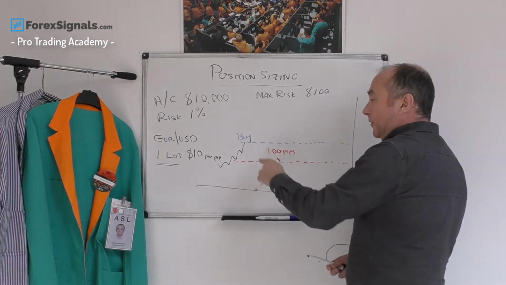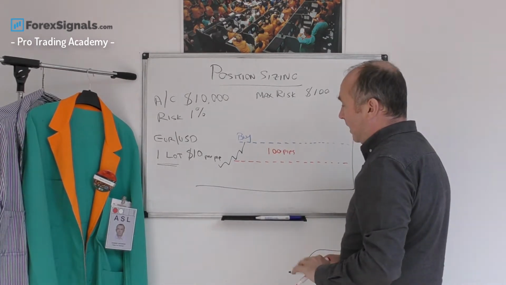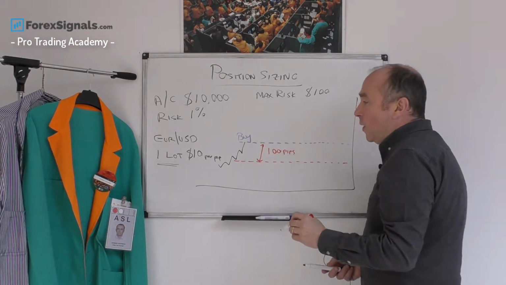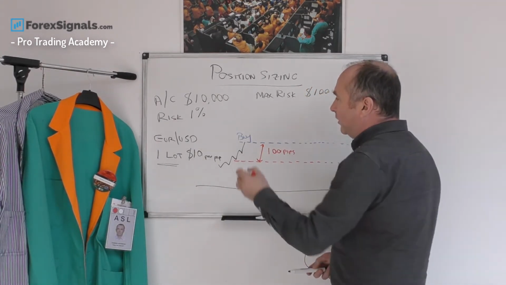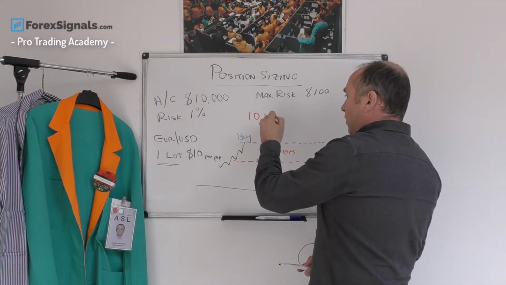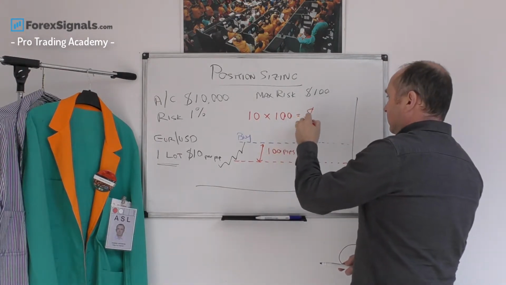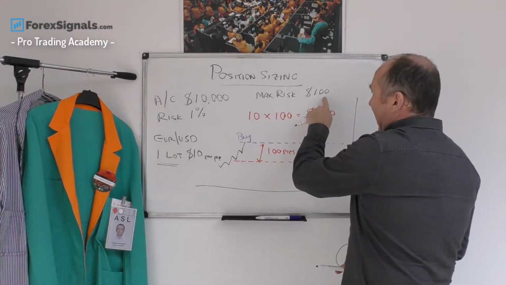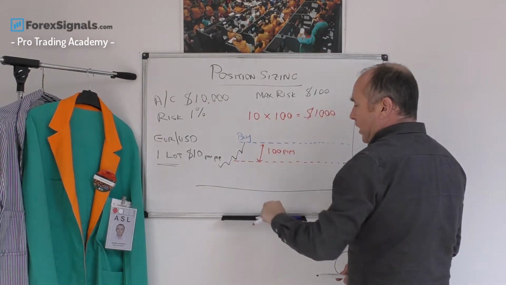So we want the market to go up. If it goes down 100 pips, we're out of the trade. We'll be instantly exiting the trade via the broker platform. This is 100 pips. Okay. So clearly, we're not able to trade one standard lot here, because if we were to do one standard lot, which is $10 per pip, and we lose 100 pips, we'd be losing $1,000. That's way too much. We're only allowed to risk 1% of the account, which is $100. So we can't trade the full lot size.